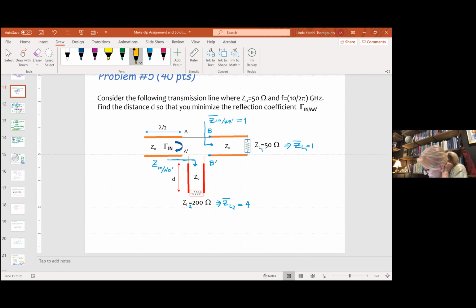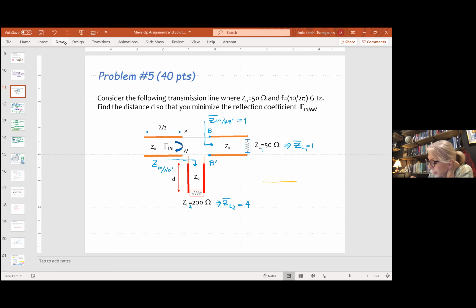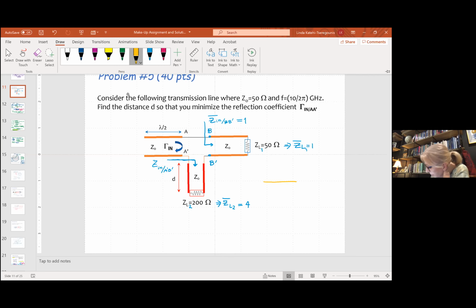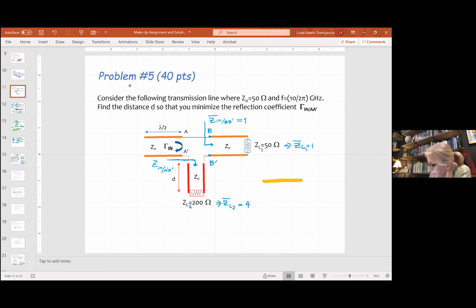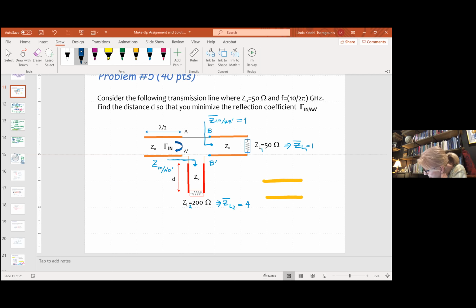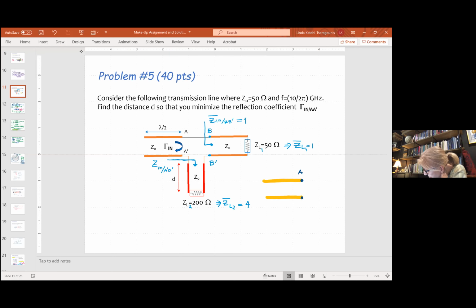We are going to have an input transmission line there that comes from the left and ends at A prime. And then we are going to have a Z naught here, which is the input here, which is 1. So Z input B prime normalized is 1.